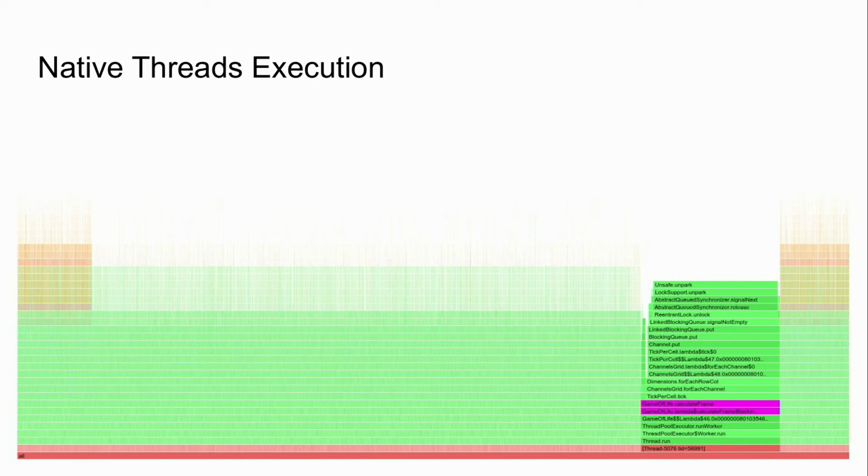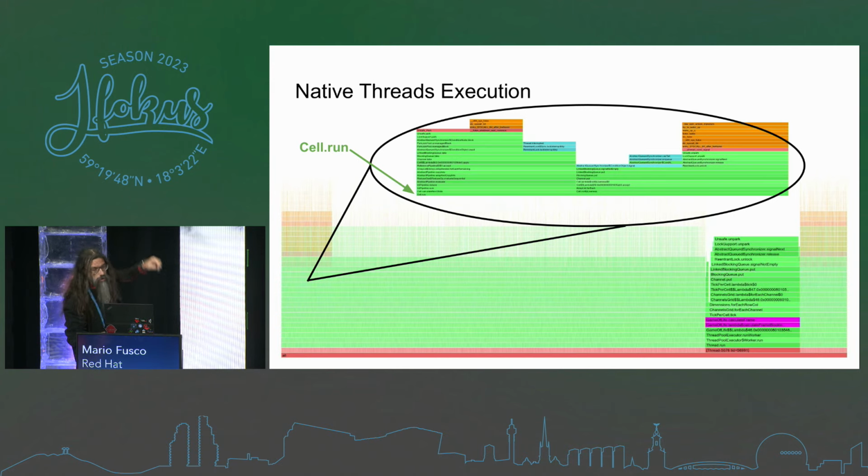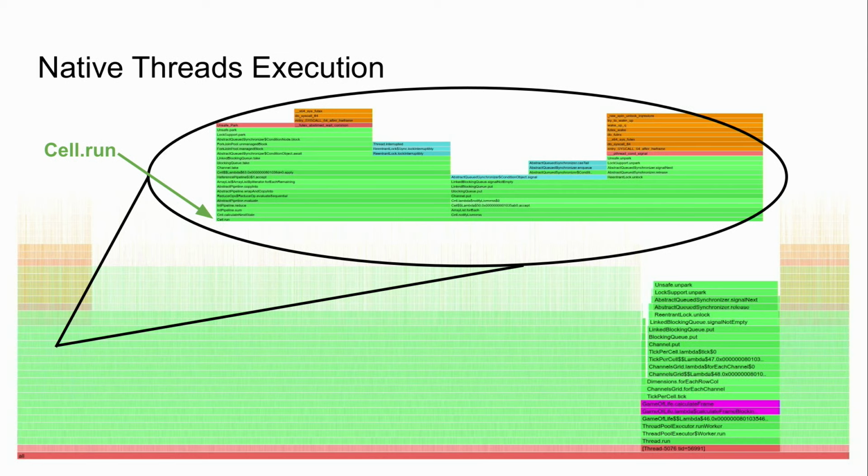And all these things are the 5,000 native threads that I have in my run. Of course, you cannot read much of them, but if I zoom into any of them, you can see that there are a lot of these orange things that are the context switches made in the kernel space, as I said, okay?